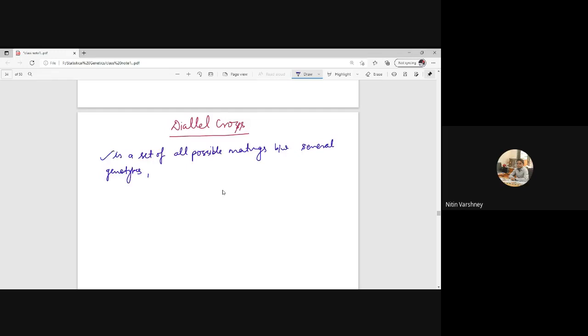Okay, so I'm writing: it is a set of all possible matings between several genotypes.